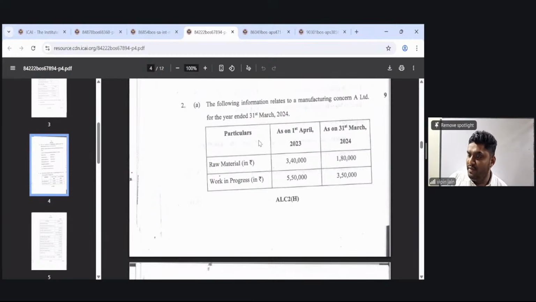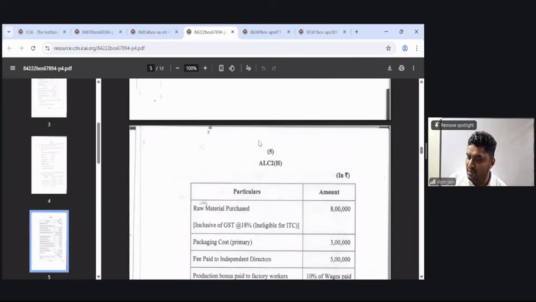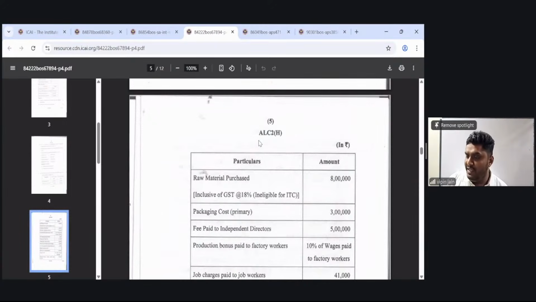Raw material is given, that is opening stock and closing stock. Work in progress is given, opening stock and closing stock. Now, raw material is given as 8 lakh rupees, inclusive of GST 18%, ineligible for ITC credit. So, waiting for your answer on how to deal with it.